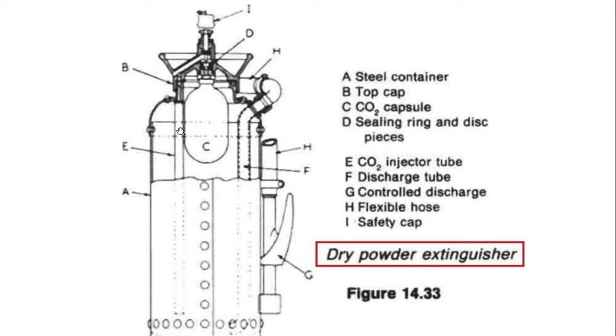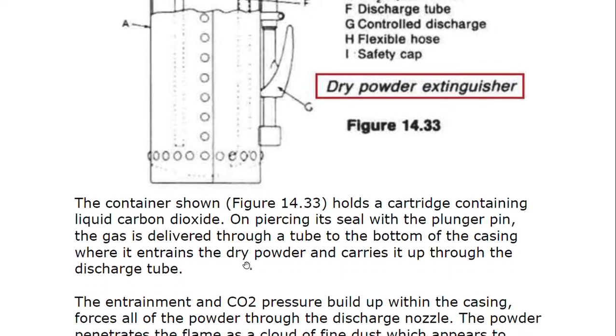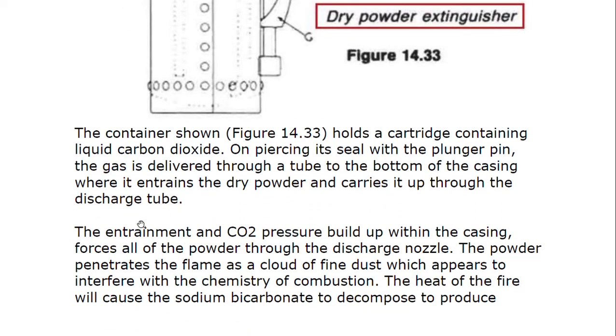Now, when we plunge it, it breaks the seal and the gas goes to the bottom. Remember it, this is very important. The carbon dioxide goes to the bottom of the container where it enters the dry powder and carries it up through the discharge tube.